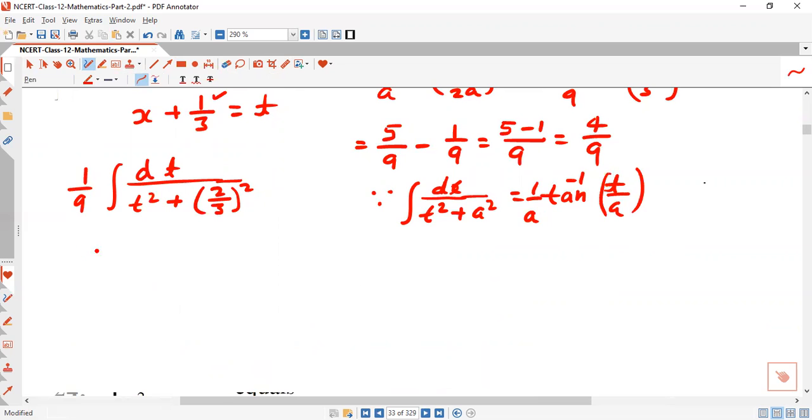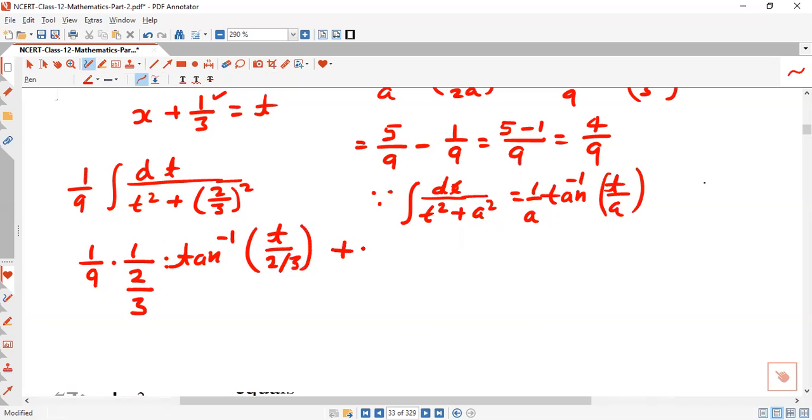So this is the tan inverse formula. 1 upon 9, and 1 upon a means 1 upon 2 by 3. And now we have tan inverse t upon a, t upon 2 by 3, plus some constant c.